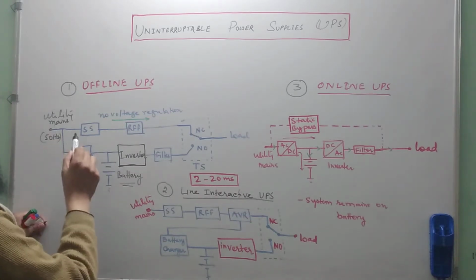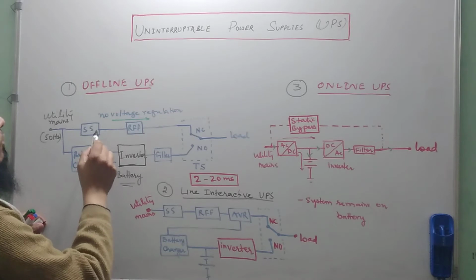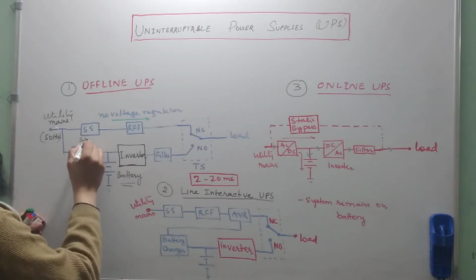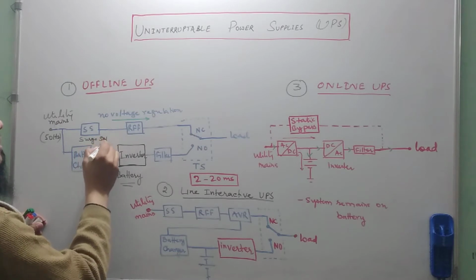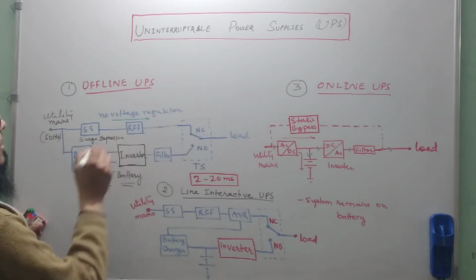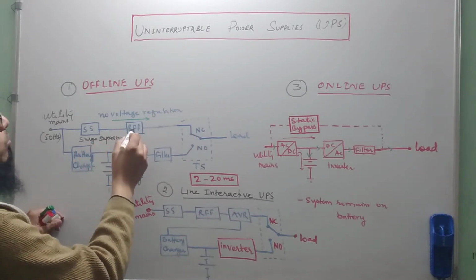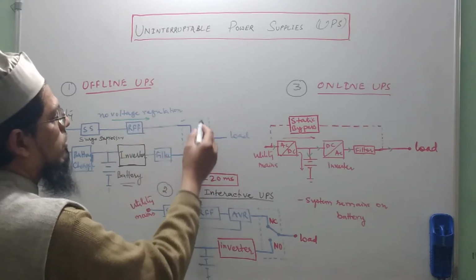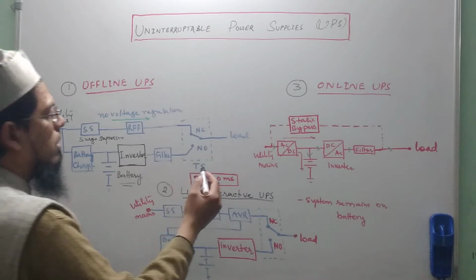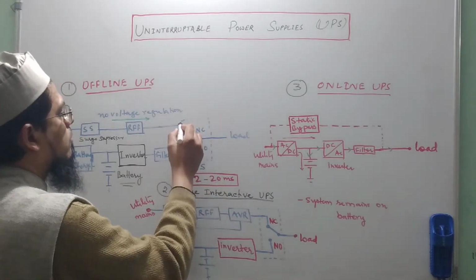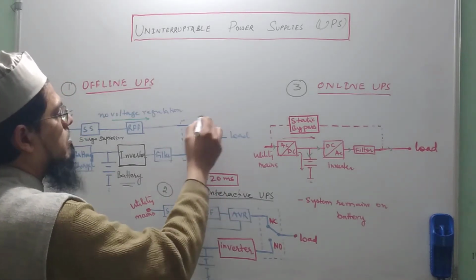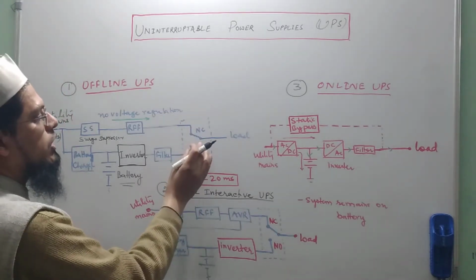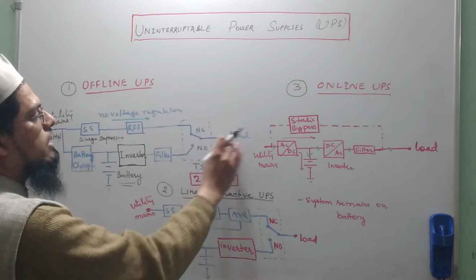This utility mains is connected by way of a surge suppressor, and then to the radio frequency filter, and it is connected to the load by way of this arrangement, which is basically static switches connected to the load.